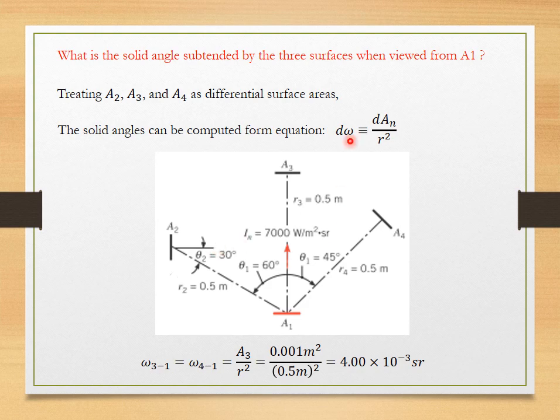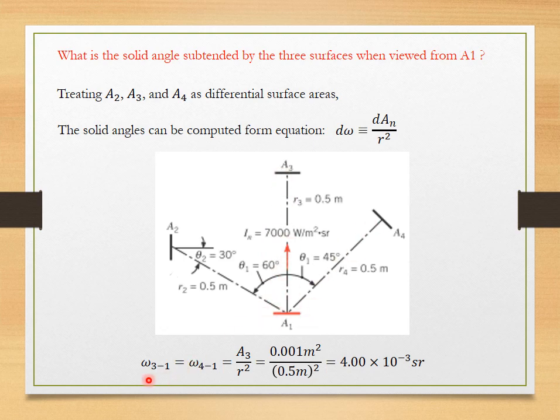By having this equation for 3 to 1 and 4 to 1, the solid angle is the same, because A3 and A4 have the same area and the R is also the same length.